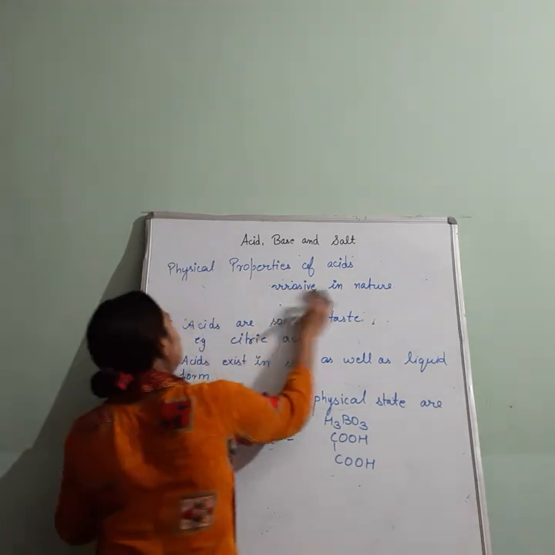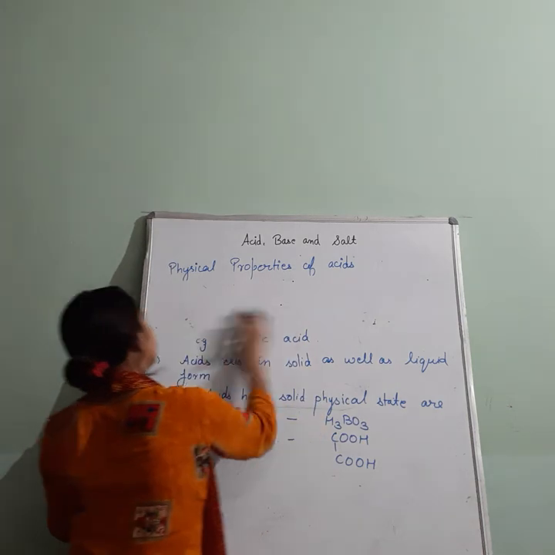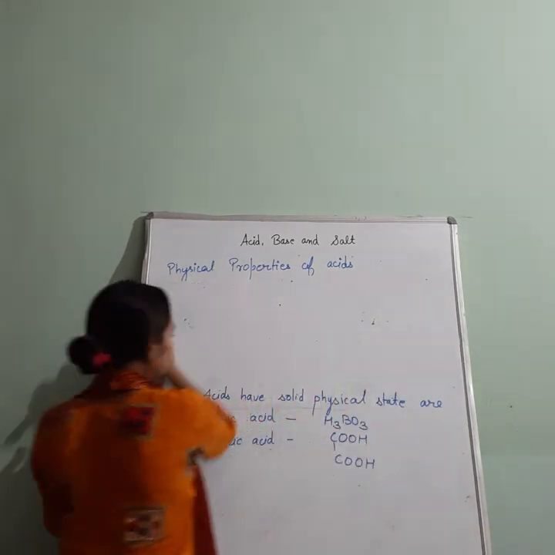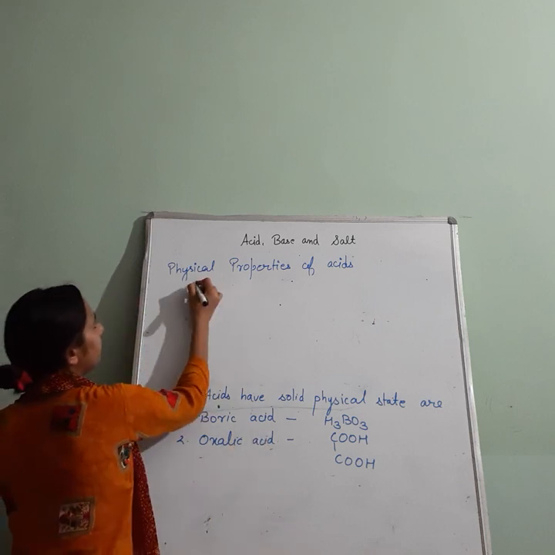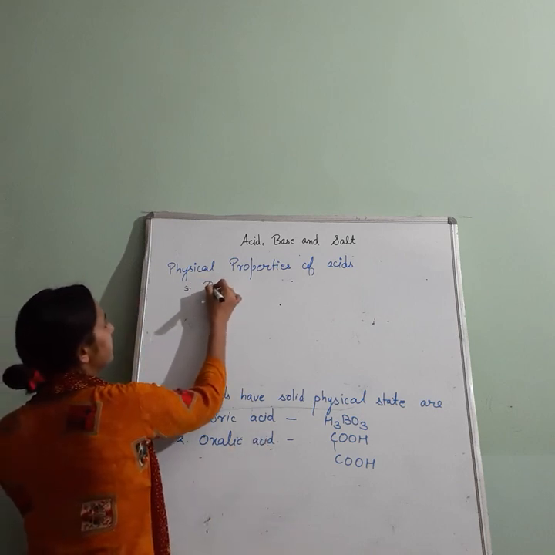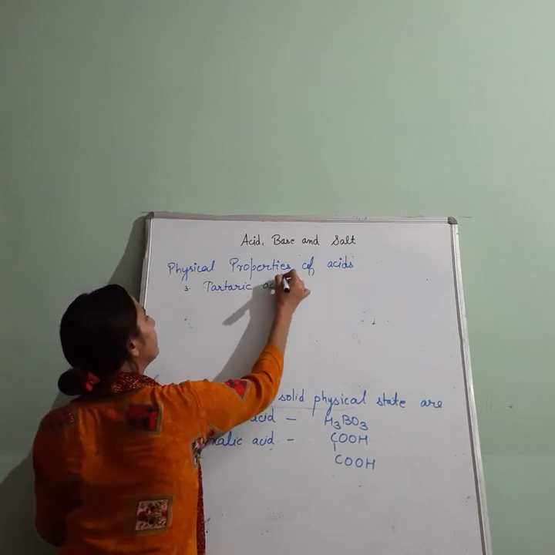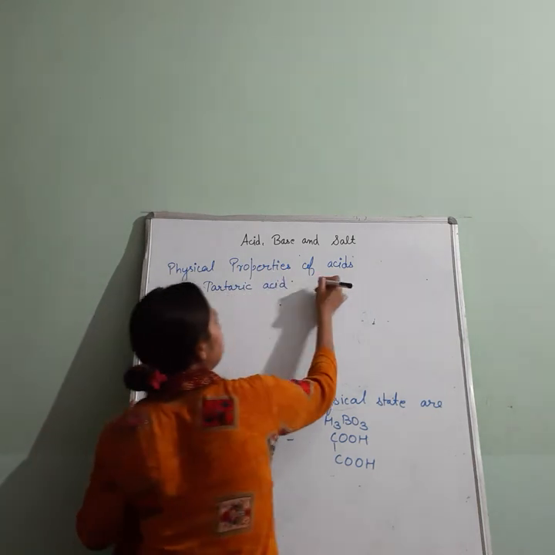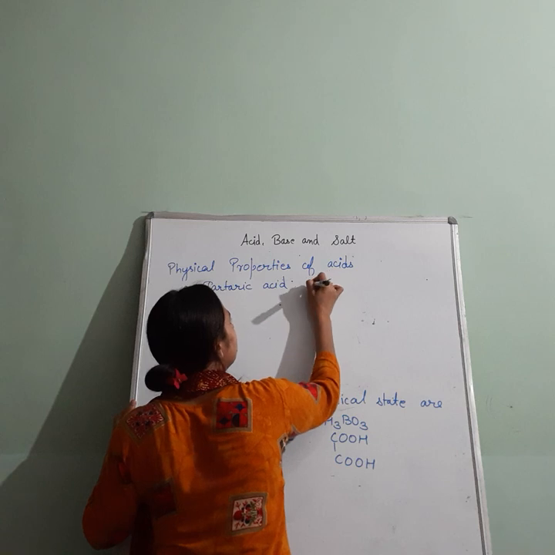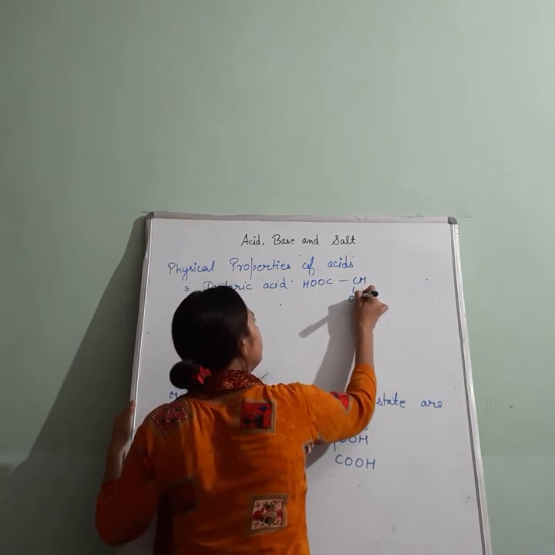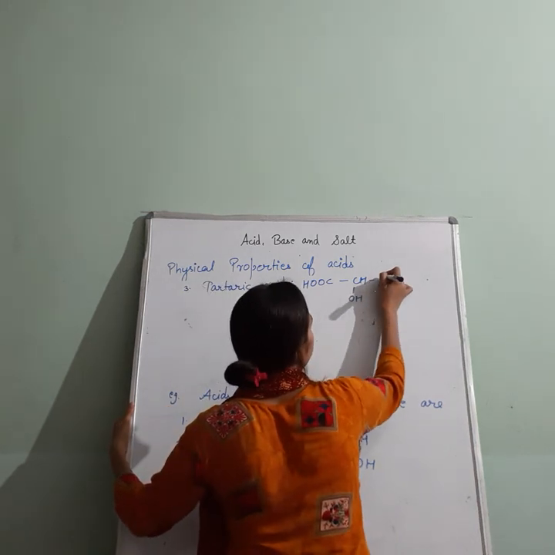The third example of an acid which exists in solid state is tartaric acid. This acid consists of 2 carboxyl groups.